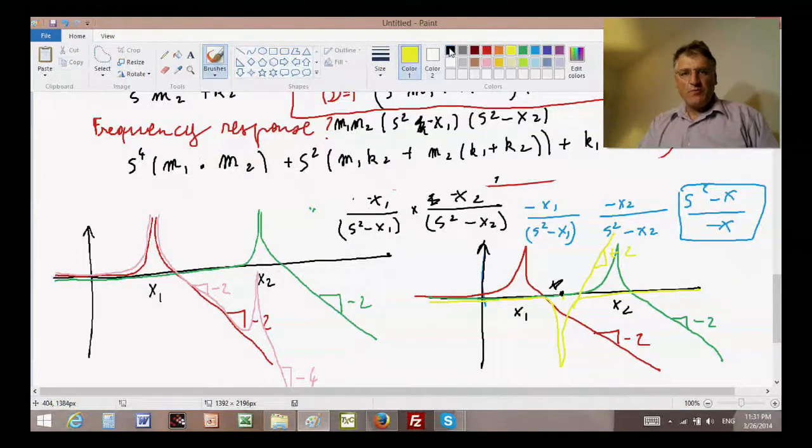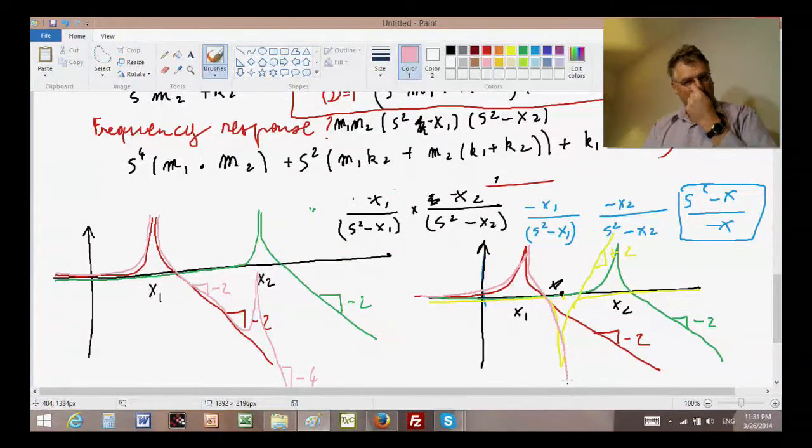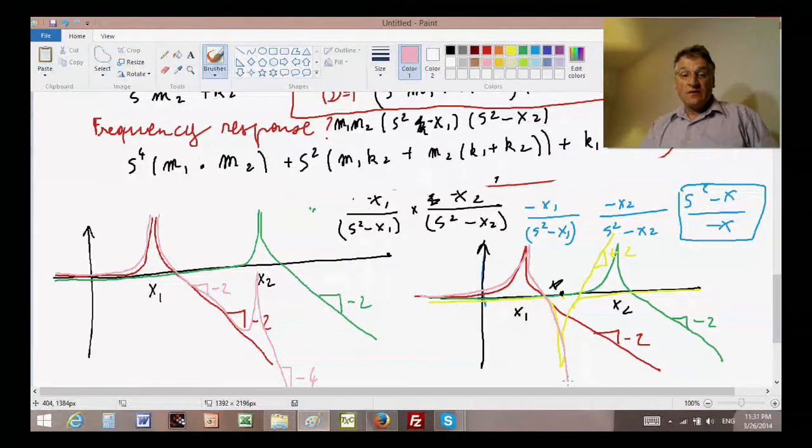So as a result, the composite transfer function, which I will show in pink, first espouses the first guy. The second drops to 0, like the second guy did. 0 is minus infinity in log scale.